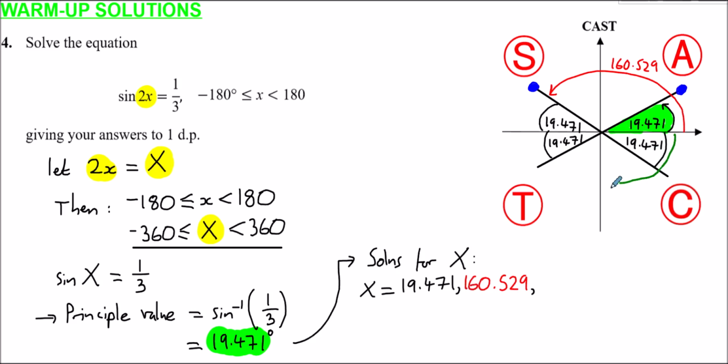That would be minus 90, minus 180, minus another 19.471. That would take us to minus 199.471. That's another valid way we could get to this S quadrant where sin is positive.